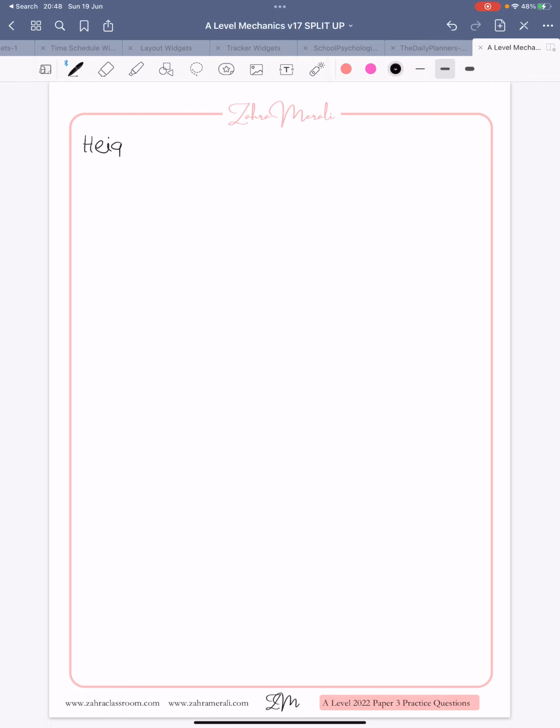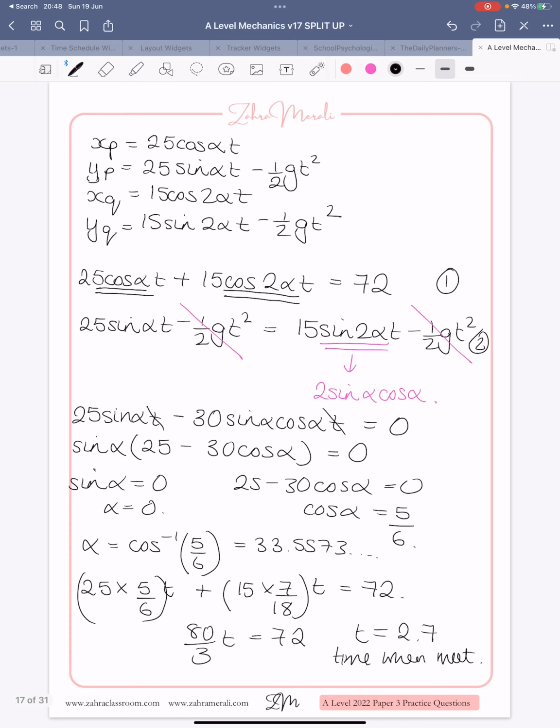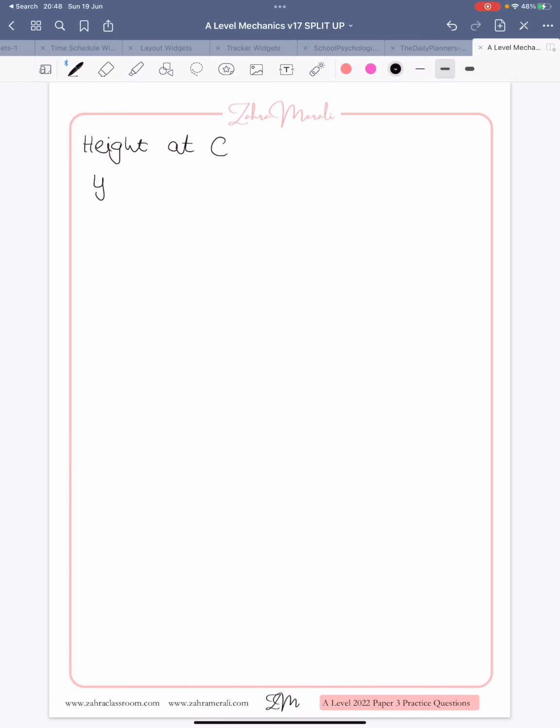So the height at C, we can take either of them. It doesn't really matter, so let's take yp. So we've got 25 sin alpha t minus a half g t squared, so a half 9.8 t squared.